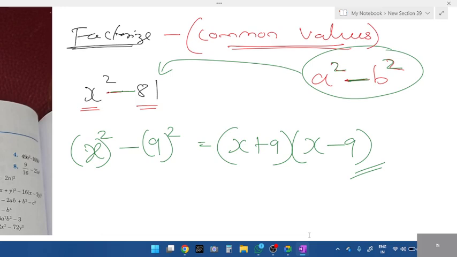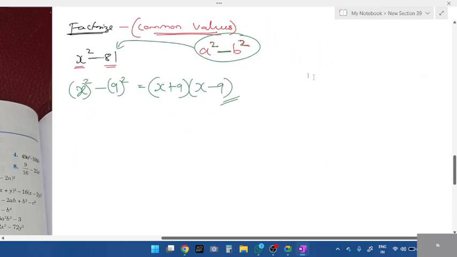Complete this. Are students done? Did you all understand how to solve?